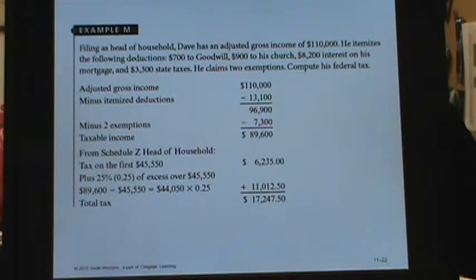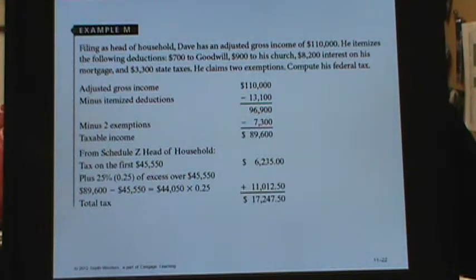In example M, we have Dave, filing head of the household, who has an adjusted gross income of $110,000. His deductions are $700 to Goodwill, $900 to the church, $8,200 interest on his mortgage, $3,300 state taxes, and he claims 2 exemptions. We want to compute his federal tax.